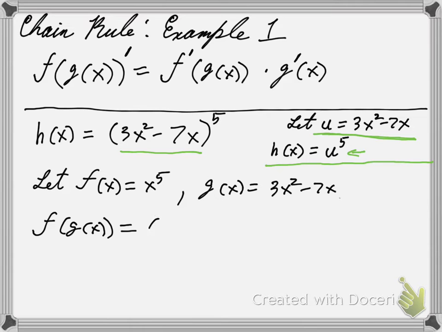And what do you know? That ends up equaling (3x squared minus 7x) to the power of 5, which is exactly what we originally had. So indeed, breaking apart h into two new functions f and g does hold true. We chose the correct f and g. So now let's actually use this in the chain rule.